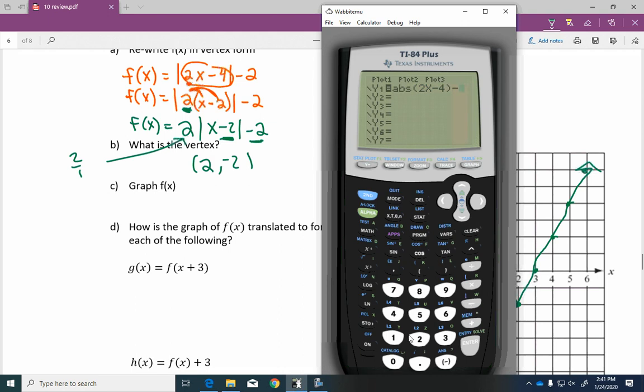Make sure that minus 2 is on the outside of your absolute value symbols.